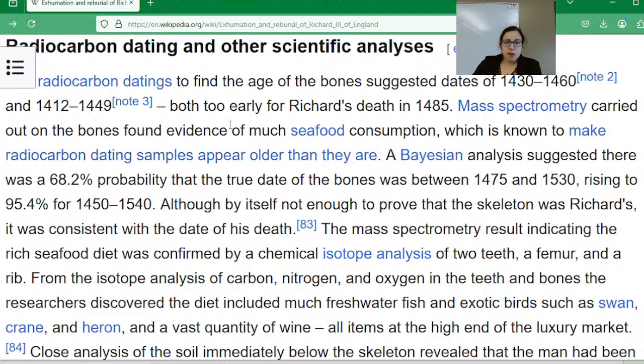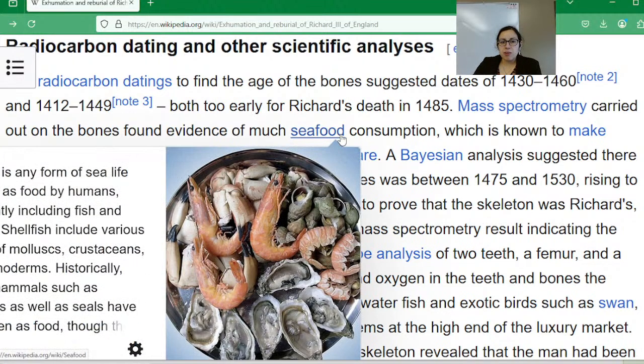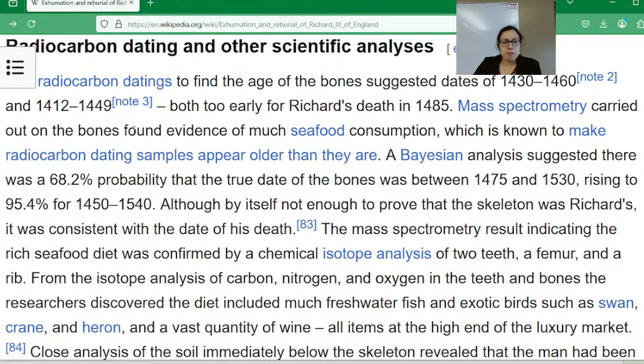Not to get too into the rabbit hole, but it also mentions the difficulties of radiocarbon dating, and even that there could be too much seafood consumption, and that gets into the ratios, because it's all about the carbon-14 that's integrated in your body.